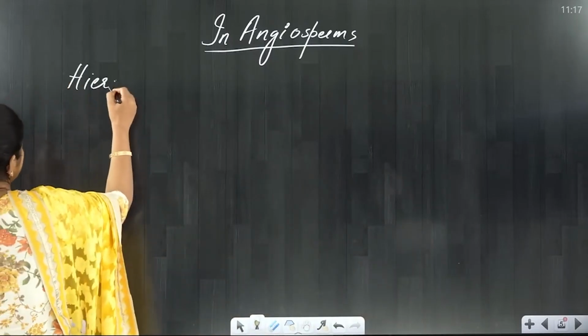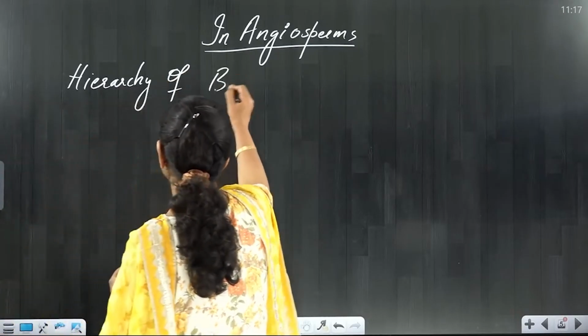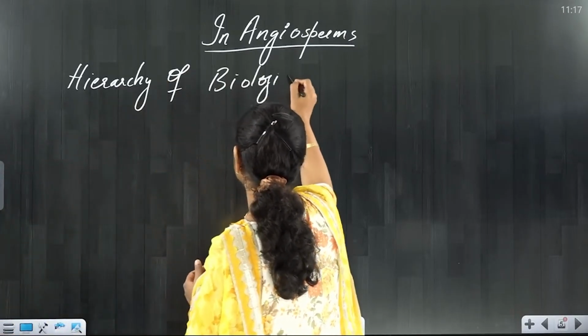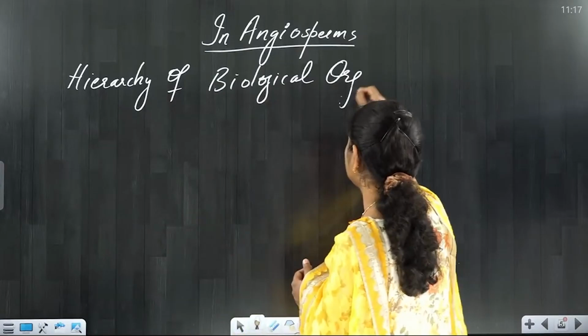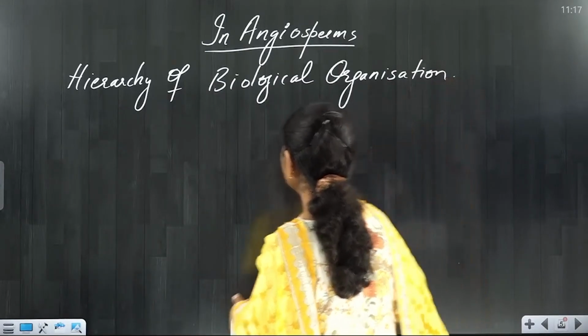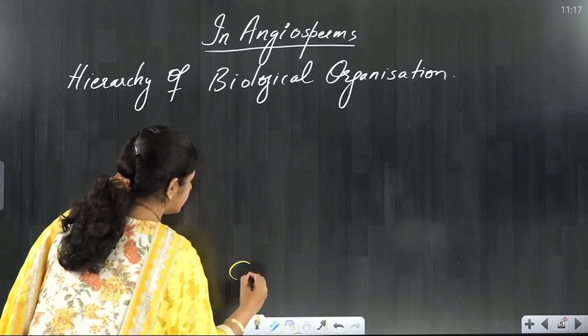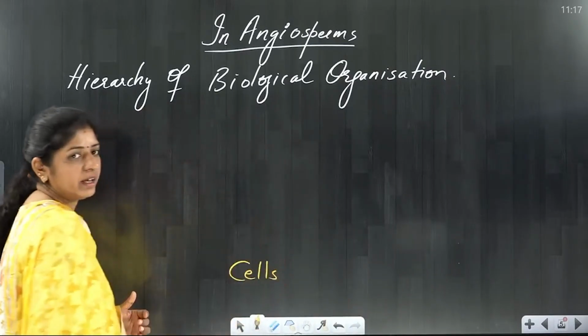That is the hierarchy of biological organization. Now, what is that? These organisms, can I say, are basically made up of cells? Are you getting that?